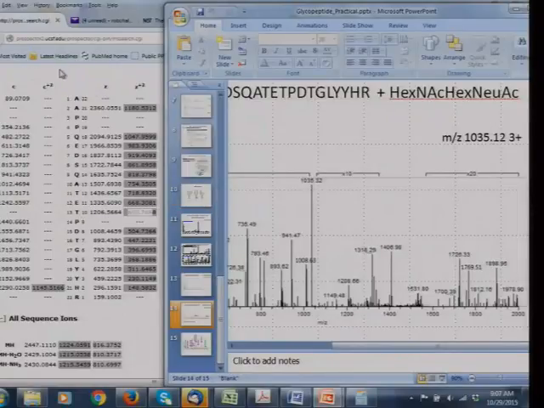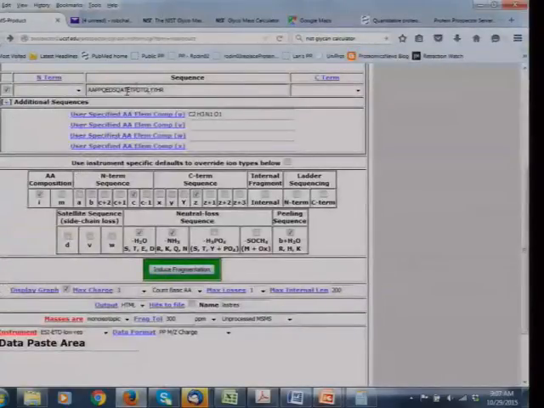So let's try putting a modification on one of them and see if we can find a fragment ion that has the sugar attached. So the modification was hex, NAC, hex, I think SA for sialic acid.